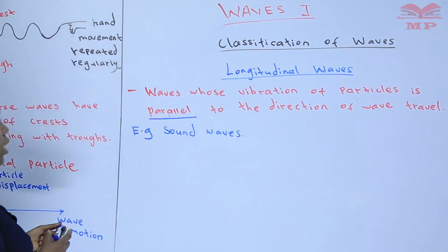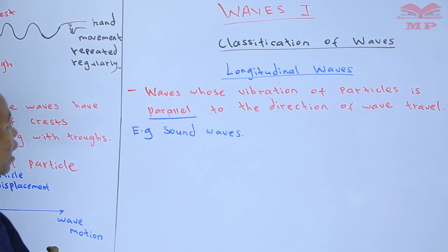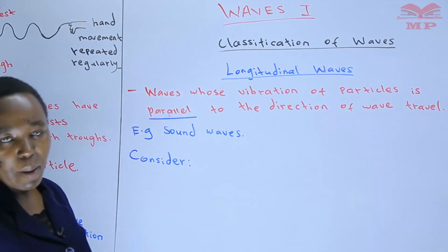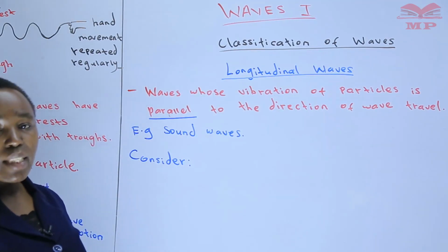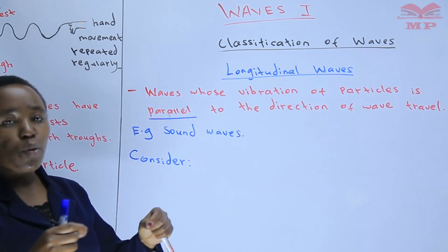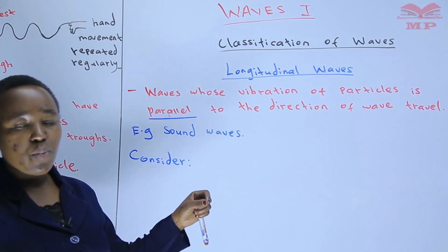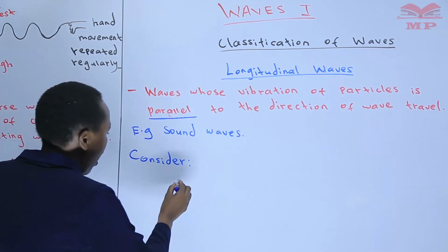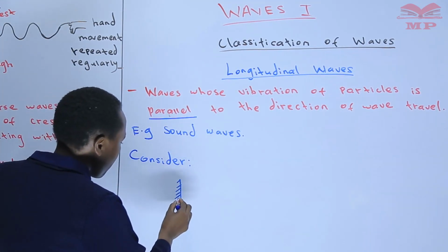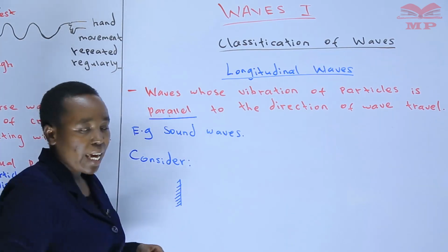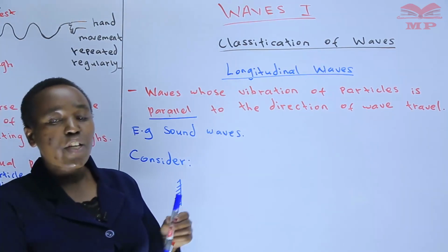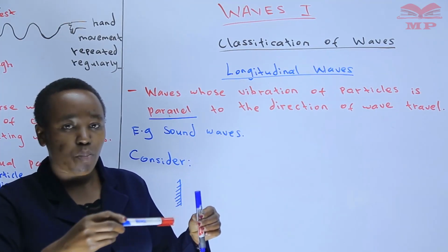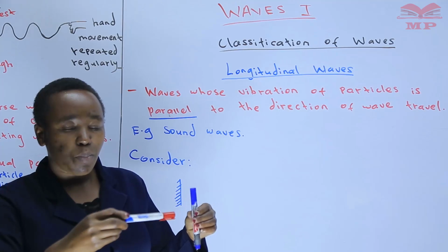I want us to consider the following to understand better on longitudinal waves. Here we are going to consider a spiral spring. We know that a spiral spring is able to stretch, and we are also able to compress it. So if we have the spring fixed on one end, then on the other end, the hand is able to pull, compress, pull, compress.